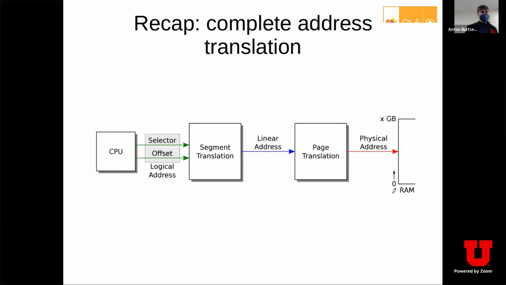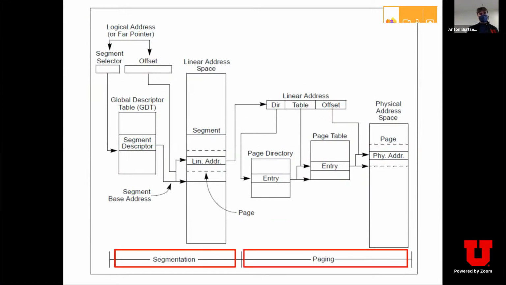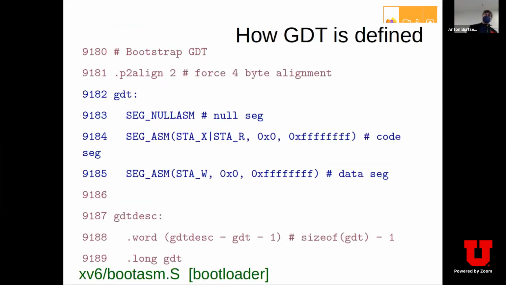So it's almost like no segmentation whatsoever, it's kind of transparent to us. Here I'm reminding you that segmentation is always on in front of paging. The way we define this global descriptor table in assembly is as follows. We define a symbol, GDT. It's kind of like an array with specific entries, and we will be using assembly macros.